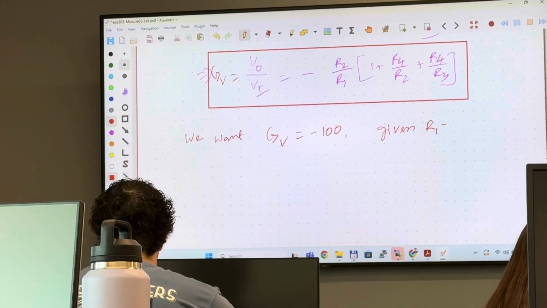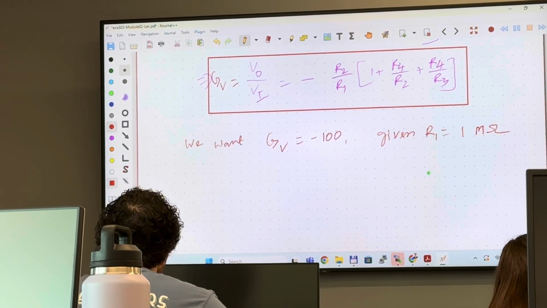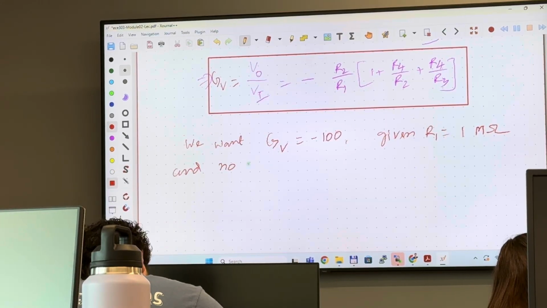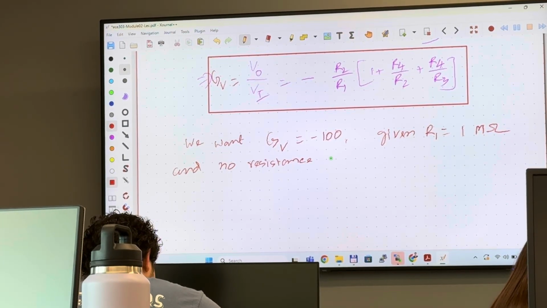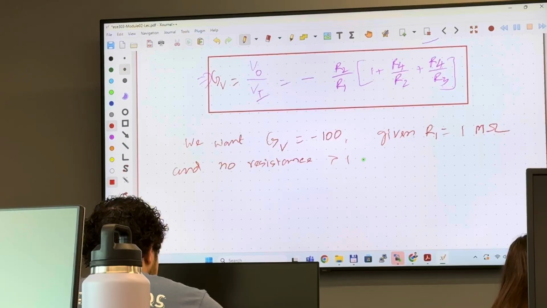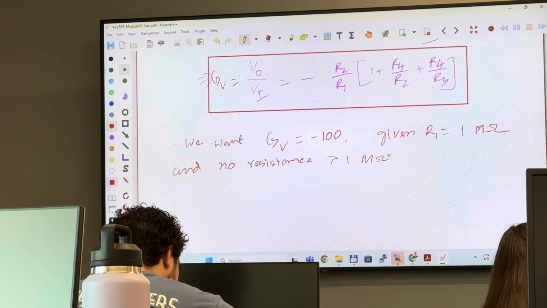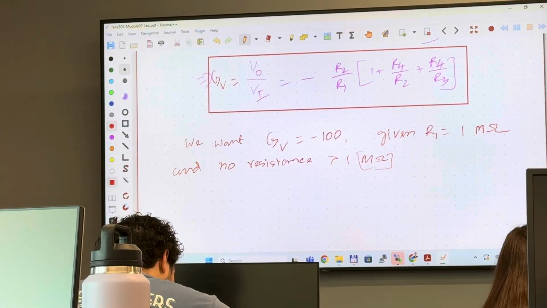Given R1 equals 1 mega ohm and no resistance greater than 1 mega ohm. So you cannot choose any resistance greater than 1 mega ohm.